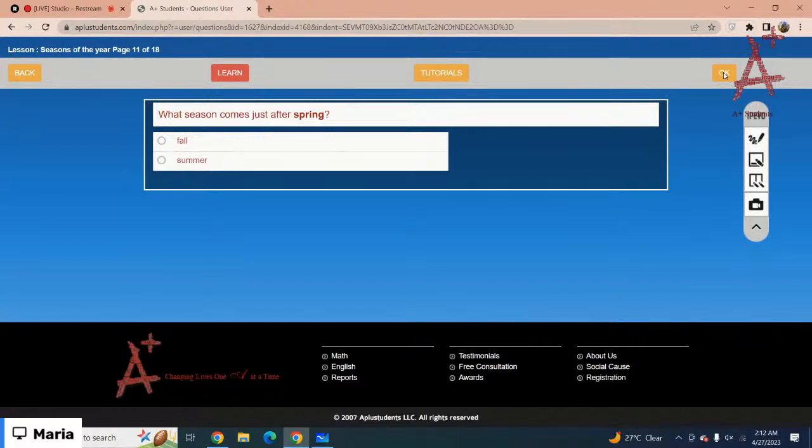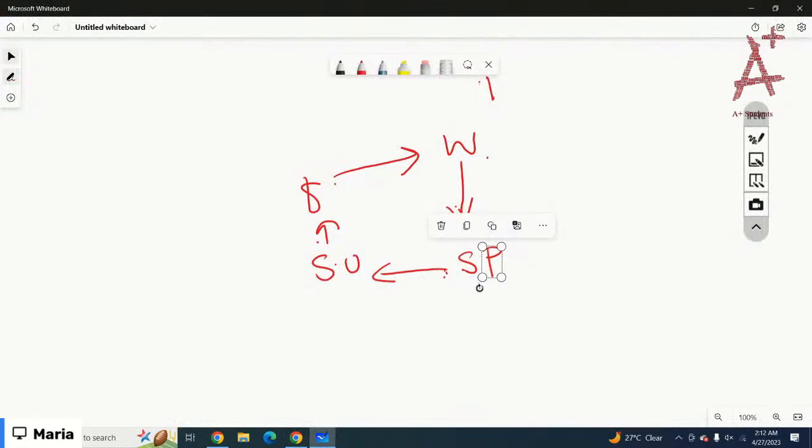What season comes just after spring? After the spring, there is summer. W, S, S, F. The first W is for winter, S is for spring, S is for summer, and F is for fall.